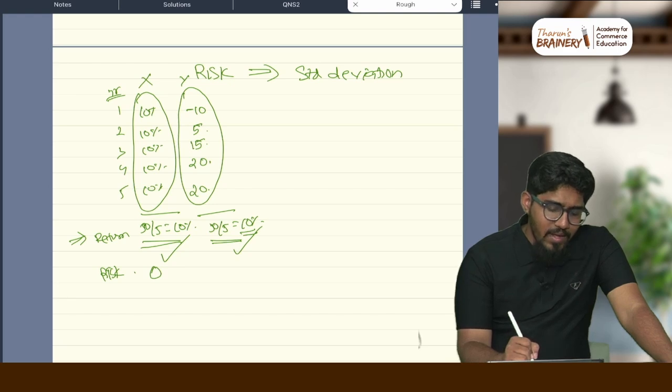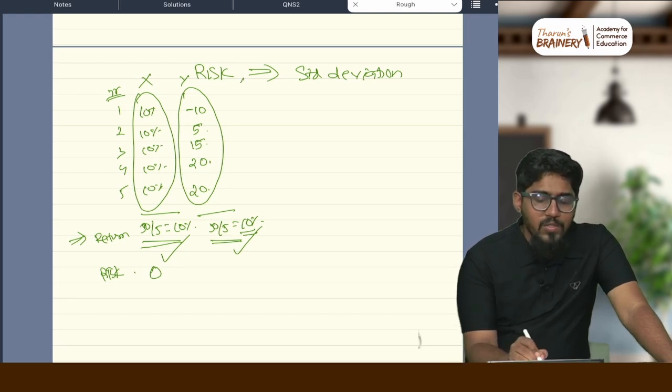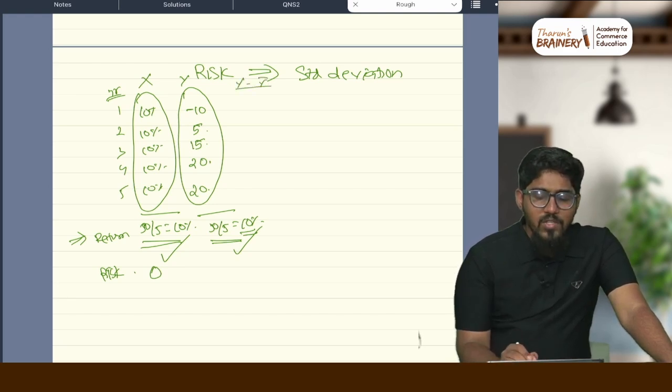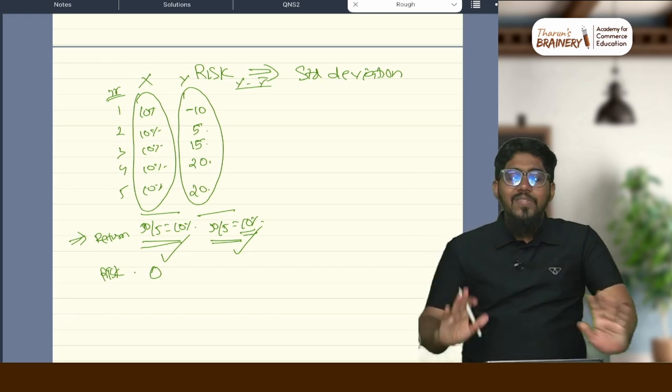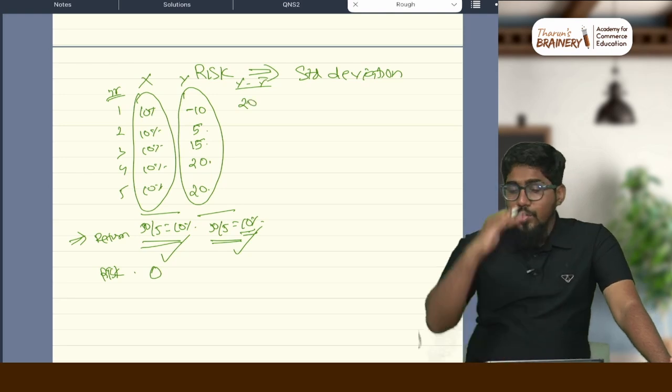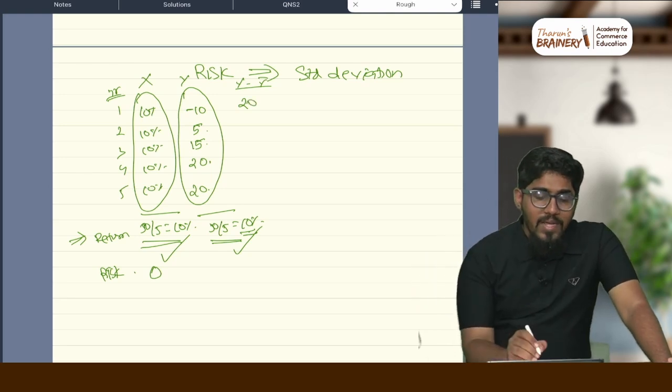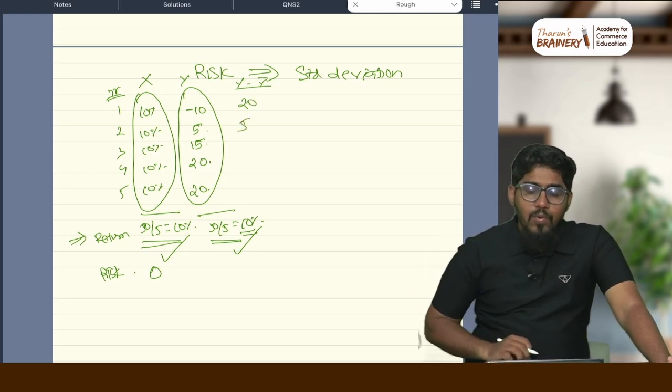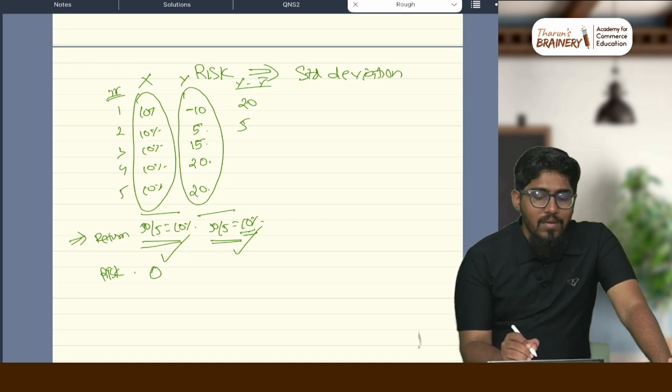So for X it is x minus x dash, and here you do y minus y dash. Y minus y dash is the variance from the mean. 10 minus of minus 10 is 20, so there is a 20 reduction. 10 minus 5 is 5, so 5 less.